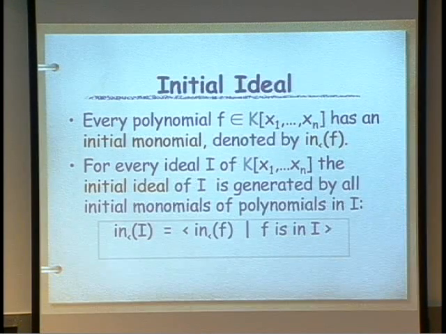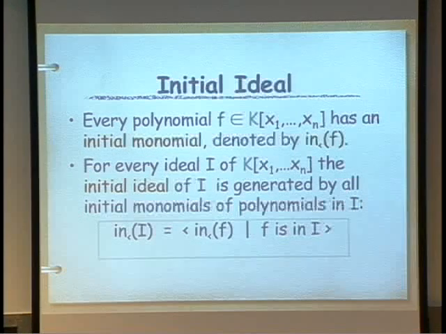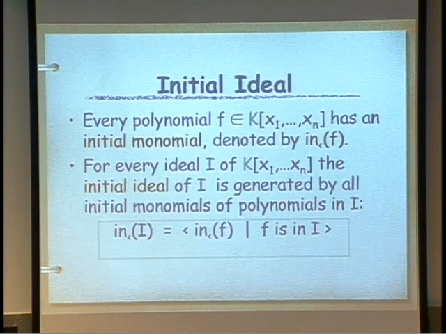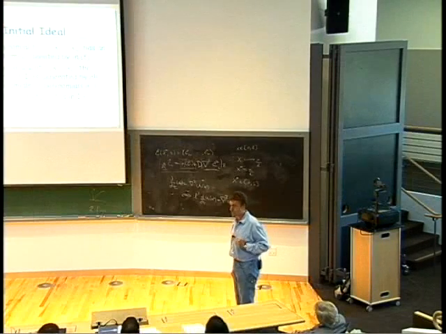Now, if you have an ideal, if you have a system of equations, which we code as an ideal in the polynomial ring, then there's the initial ideal, and that's defined as follows. The initial ideal is the ideal generated by all infinitely many initial monomials in of f, where little f runs over all infinitely many polynomials in the ideal I. Emphasis on infinitely many, right?